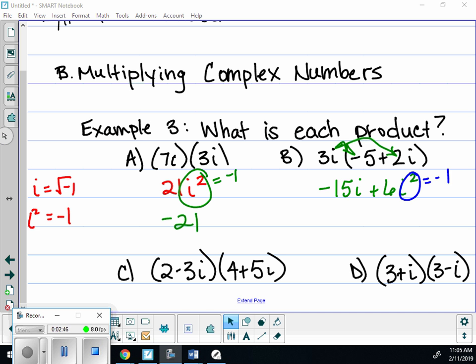And we always put the real part first. So i squared is -1. -1 times 6 would be -6. So I would put -6 first, and then minus 15i.